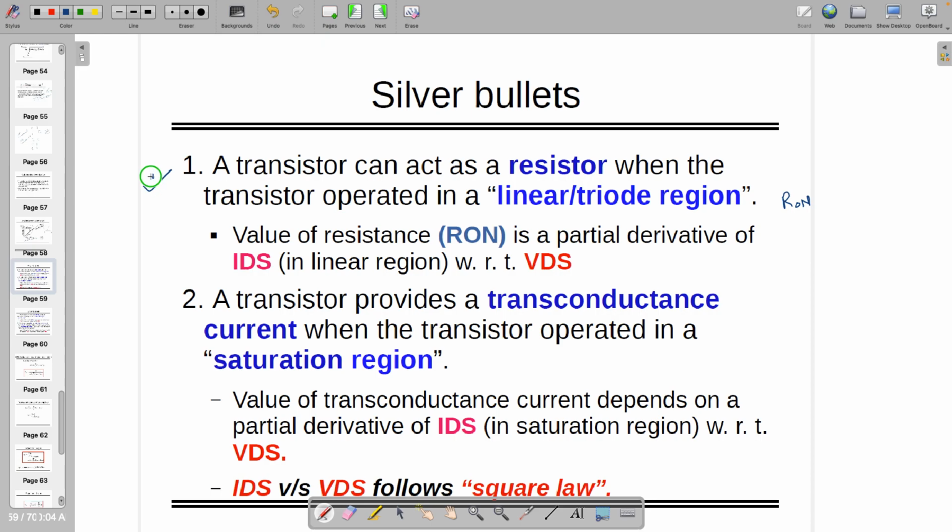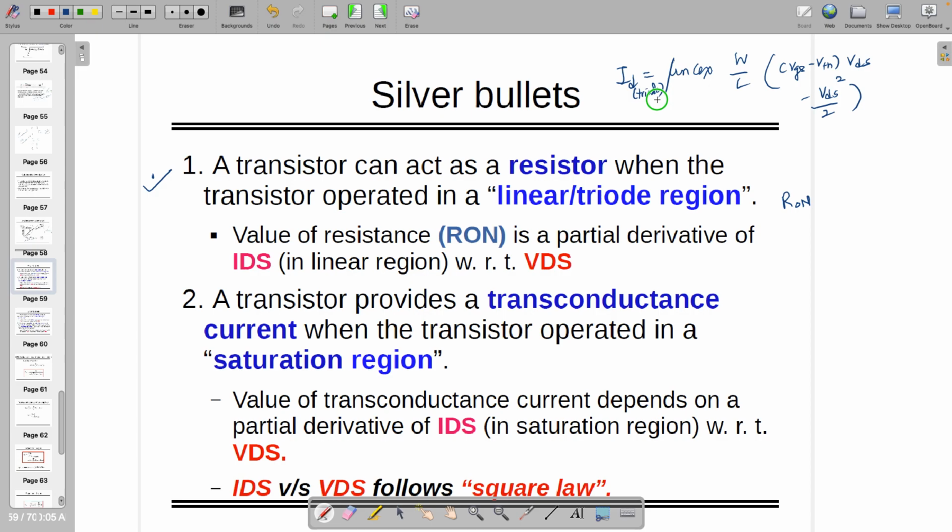And this is the thing we are going to use for all digital circuits also. So use the equation of ID, this one. Right? This is for the triode region, a linear region.